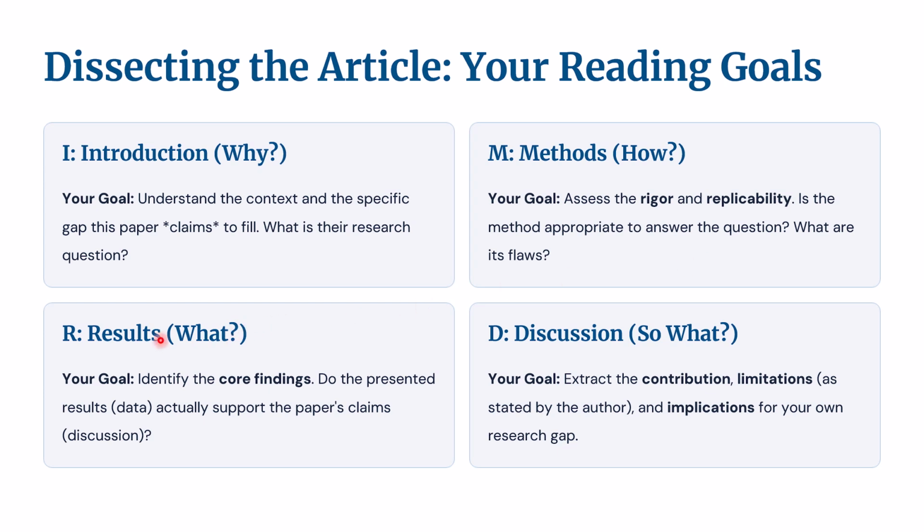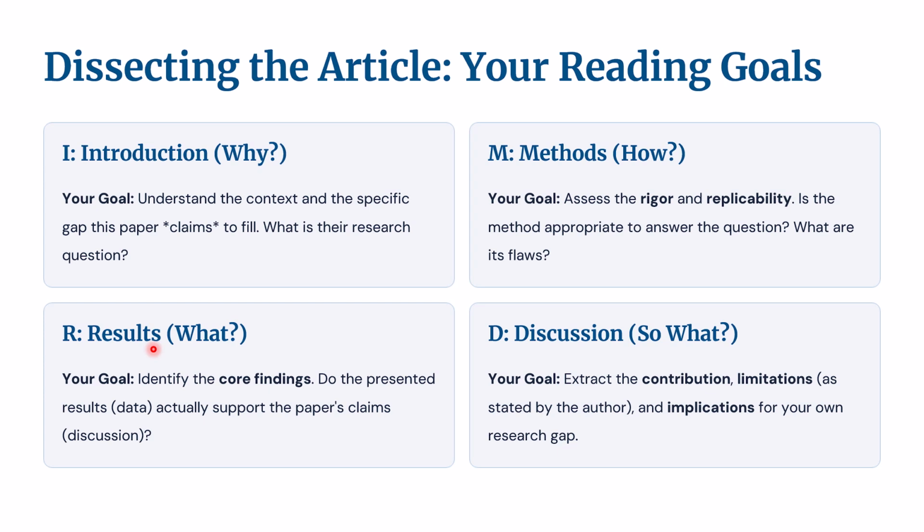Now you go to the result. Here the goal is to identify the core findings, linked to the research question. What are the core findings of this paper? Do the presented results, the data, actually support the paper's claims?